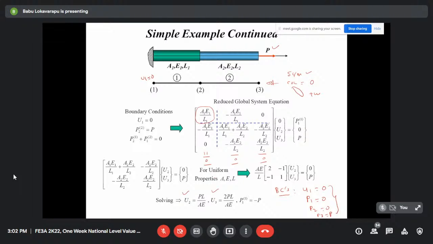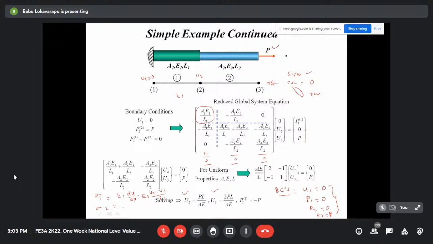If I get U2 and U3 nodal displacements, I can find out stress in element 1 and stress in element 2. How to find this? Stress in element 1 is Young's modulus E1 into du by dx. Element 1 is U1, U2, so it should be U2 minus U1 by the length of element 1, which is L1.